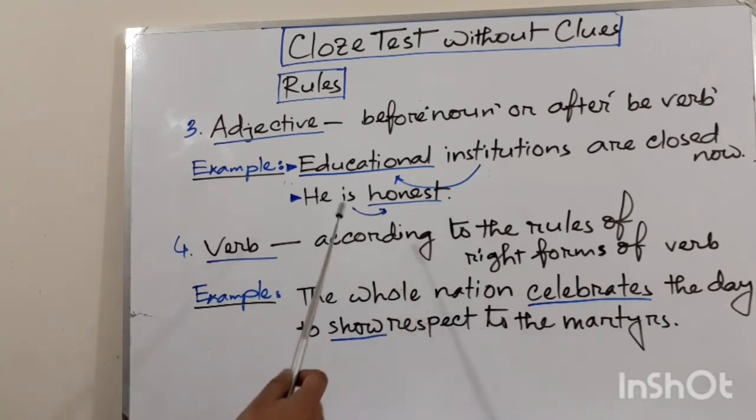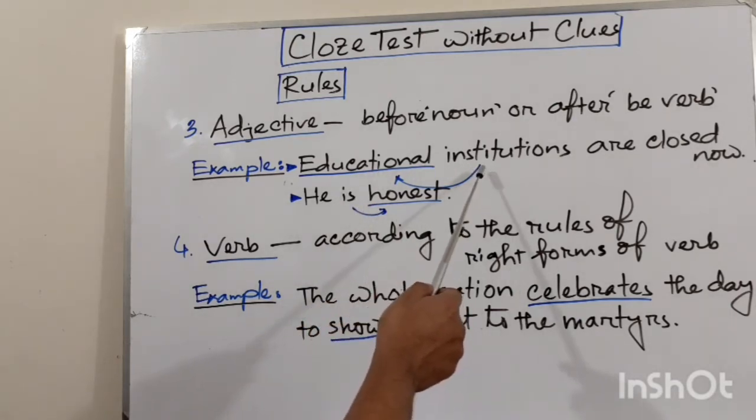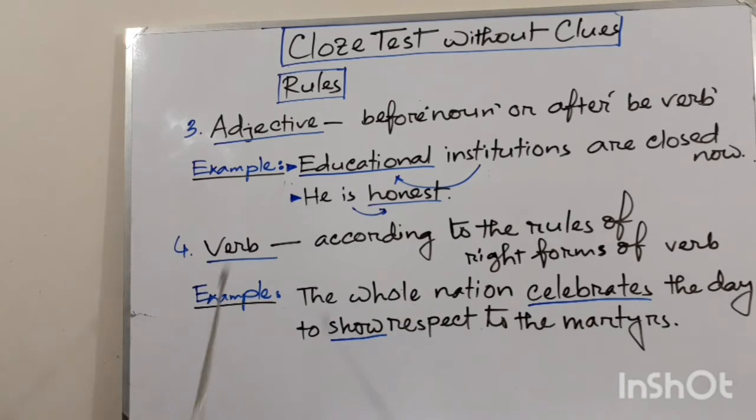Here the word educational is an adjective because the gap comes before the noun institutions. Then the second example, he is honest. Here the word honest is an adjective because this gap comes after a be verb, that is. Have you got this rule? I think you have got the rule.